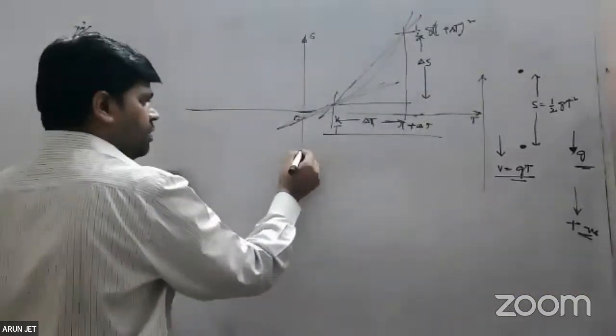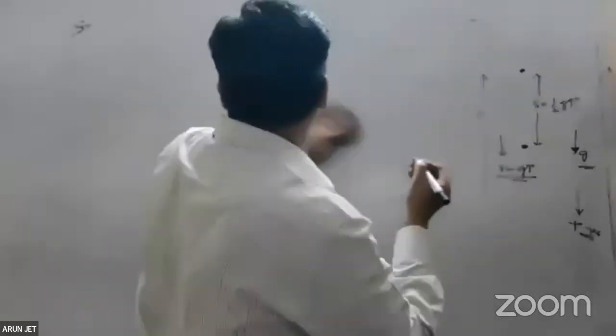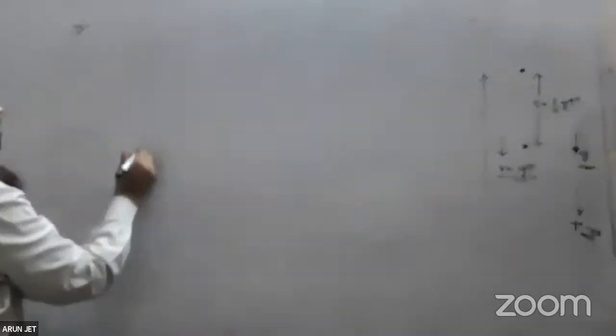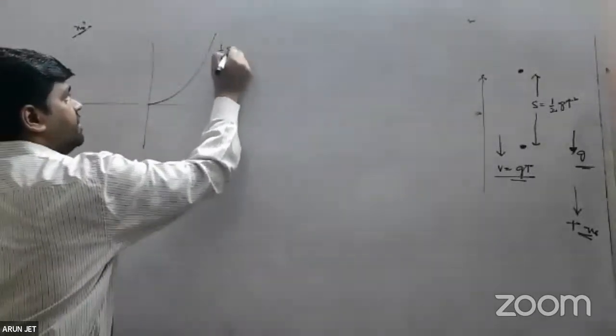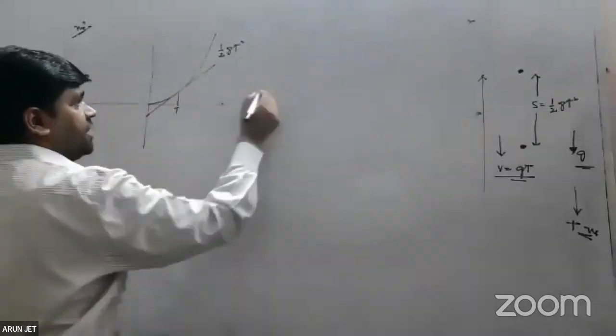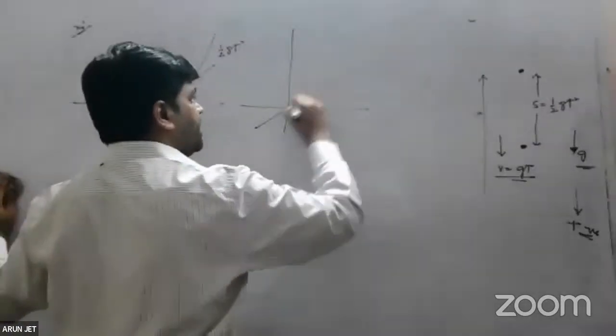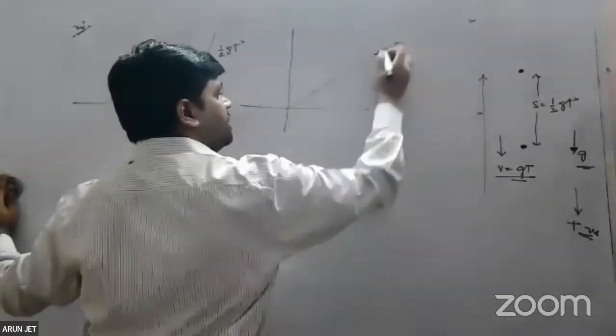Now, I've got an st curve, half g t square, and the slope at point t gave me velocity, which is v is equal to gt, like this. A straight line passing through origin, y is equal to mx.